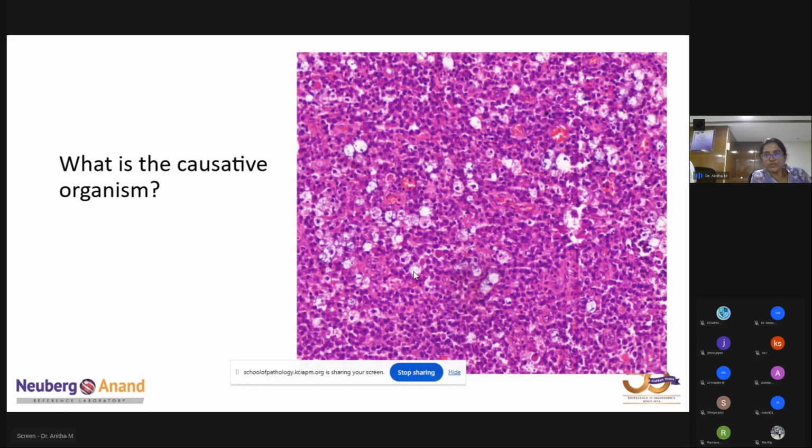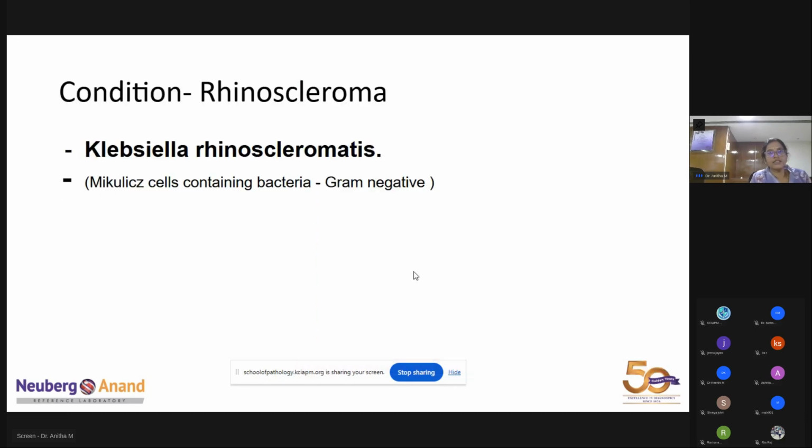No, it's not rhinosporidiosis, rhinoscleroma. The condition is rhinoscleroma. The organism causing it is Klebsiella rhinoscleromatis. And those cells we see are called Mikulicz cells containing bacteria, which are gram-negative Klebsiella.